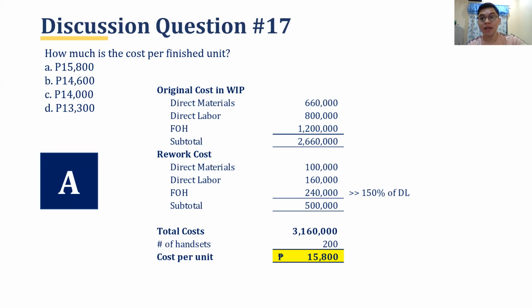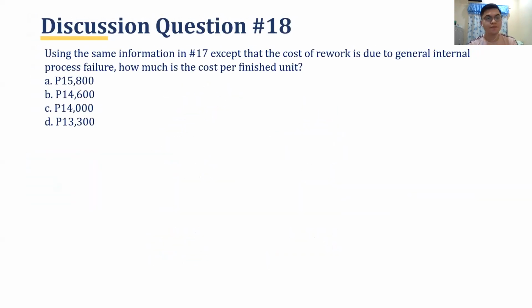Proceed tayo agad with number 18 kasi related siya. Ito. Using the same information in number 17, except that the cost of rework is due to general internal process failure. So it's a cost that you cannot specifically assign to job order 2090. So how much is the cost per finished unit? So you cannot assign that kasi nga hindi siya specific to job order 2090.